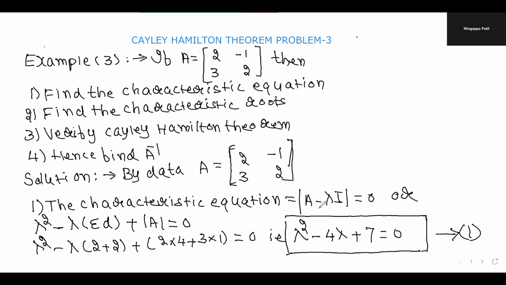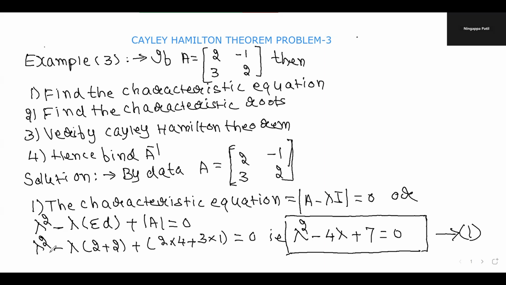If you use this formula, it will take more time, so I can use the shortcut method. The same characteristic equation can be found by lambda square minus lambda times the summation of diagonal elements D, plus the determinant of A, equal to 0. If you do this, you can get the characteristic equation.